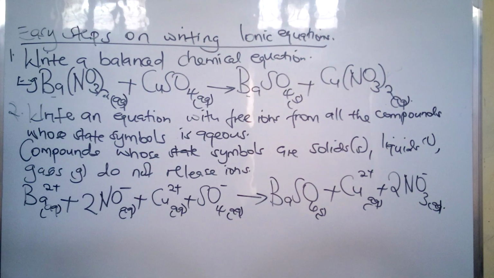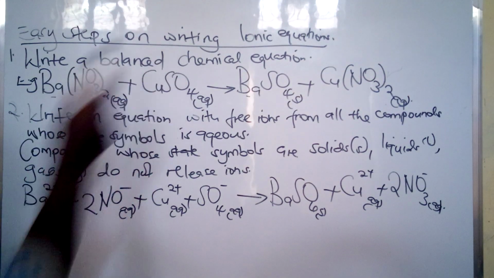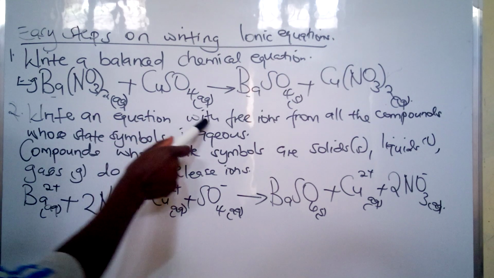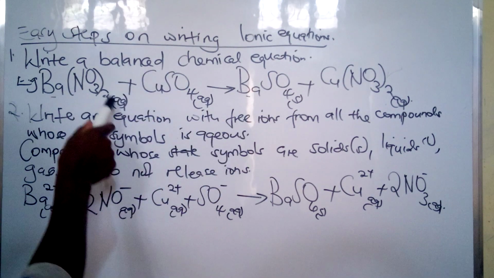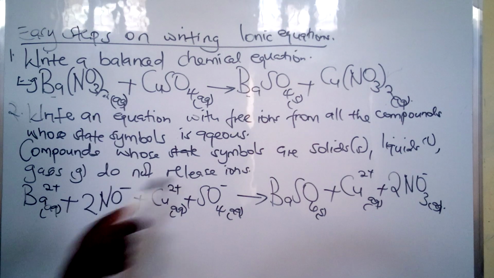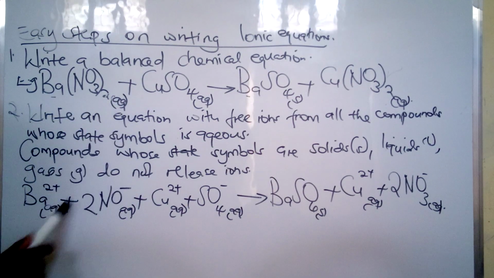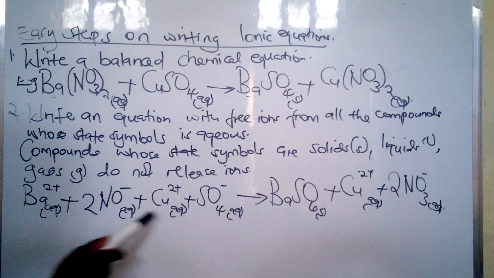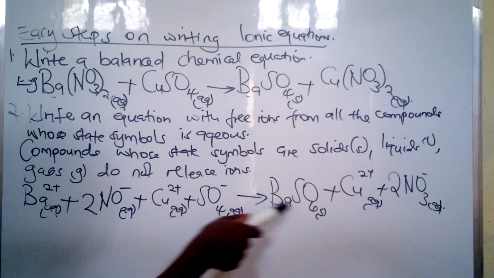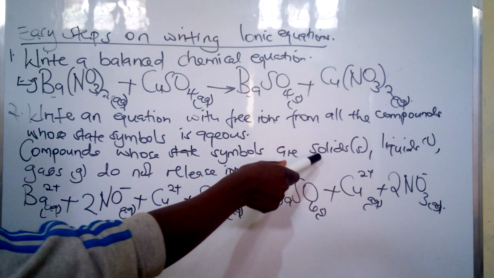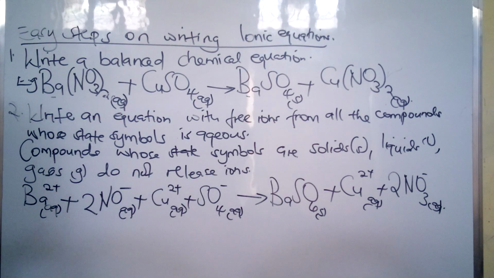Now we've known how to write a balanced chemical equation. Then the second step was to write an equation with free ions from all the compounds whose state symbols are aqueous. As you can see, barium nitrate had a state symbol of aqueous, so we've been able to separate the two. Also copper sulfate. Then the barium sulfate we've not separated it because the solid state does not release ions.